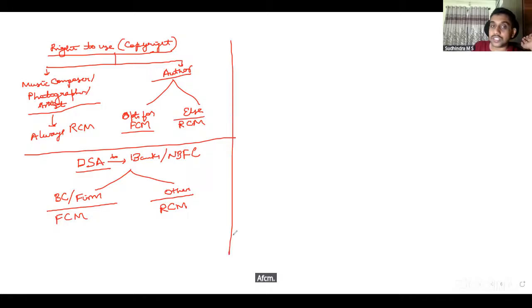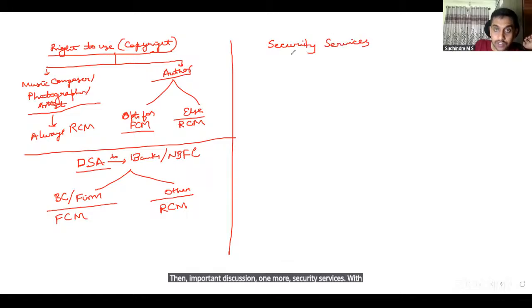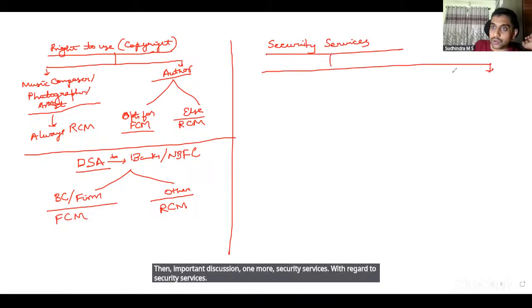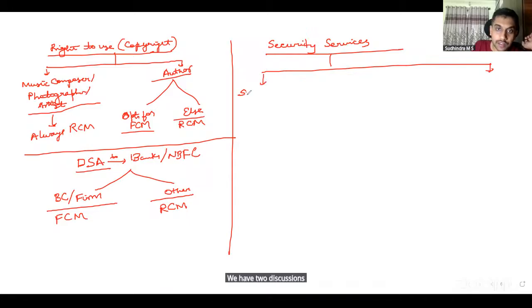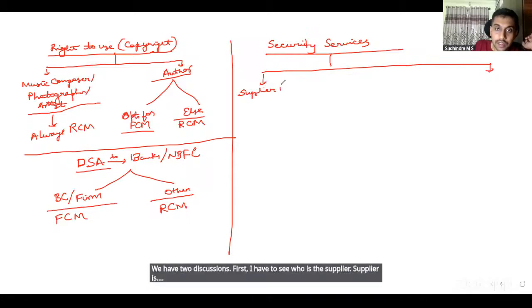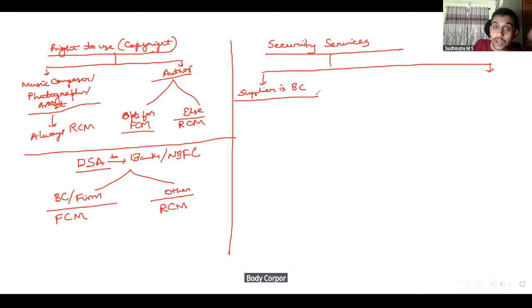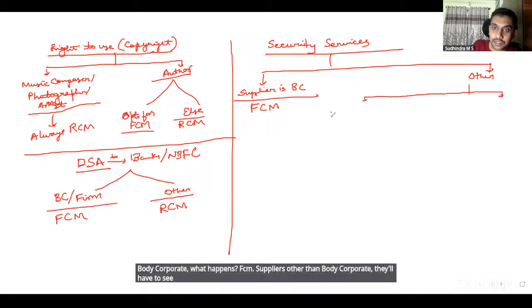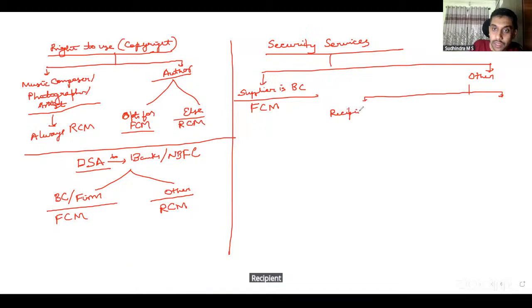Then an important discussion, one more, security services. With regard to security services, we have two discussions. First, I have to see who is the supplier. If the supplier is a body corporate, FCM. If the supplier is other than a body corporate, then I have to see who is the recipient. If the recipient is registered, RCM.